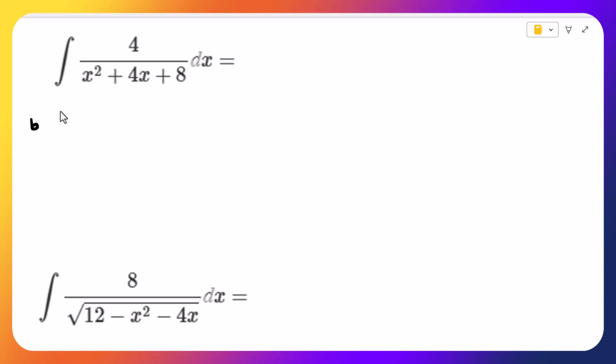Going through this chain of thought, b over 2 squared, b is 4, 4 over 2 squared, 4 over 2 is 2, 2 squared is 4. So we need to add 4 to this denominator here. So we're going to end up with 4 over x squared plus 4x plus 4.